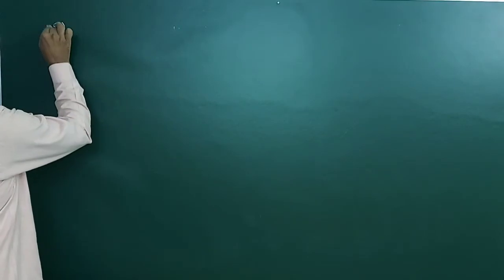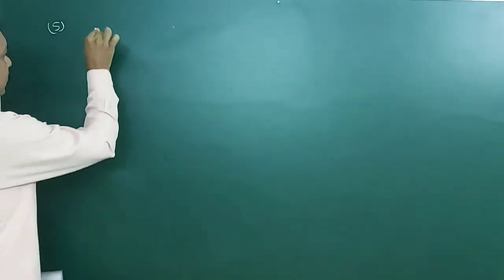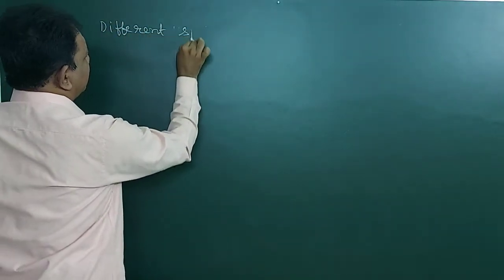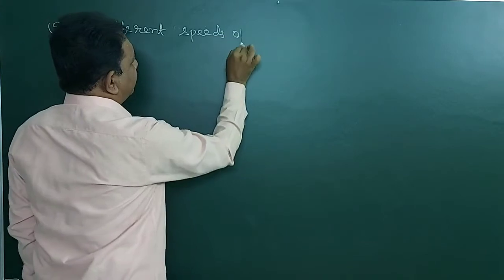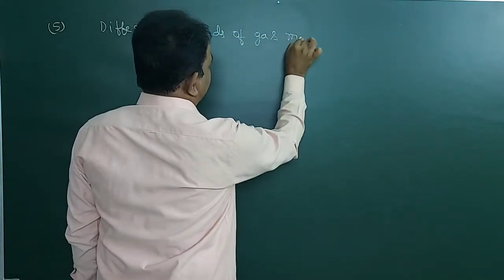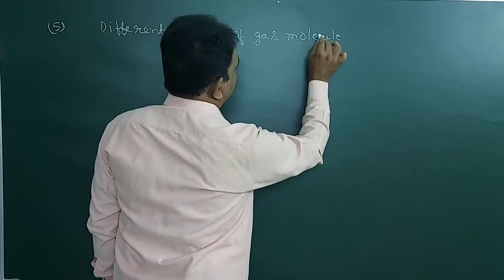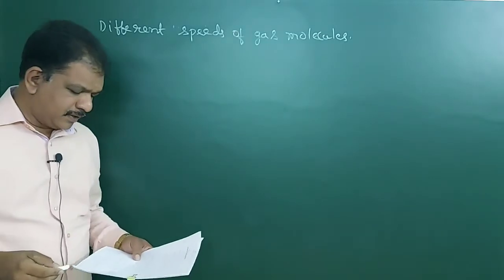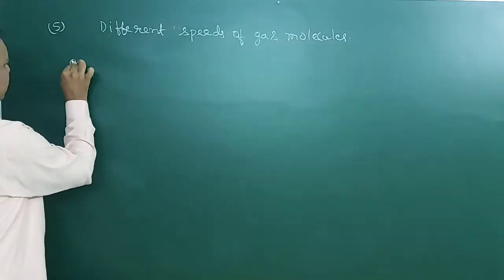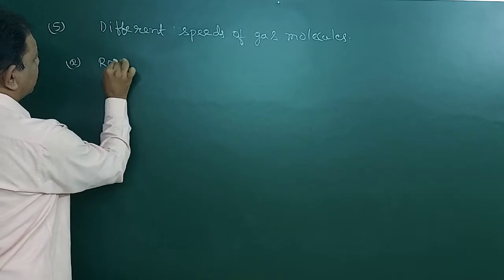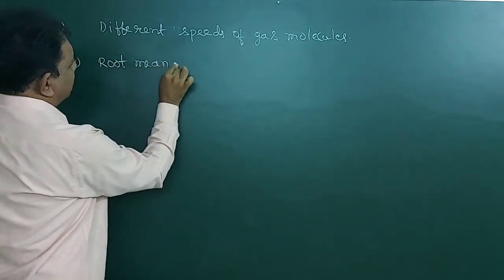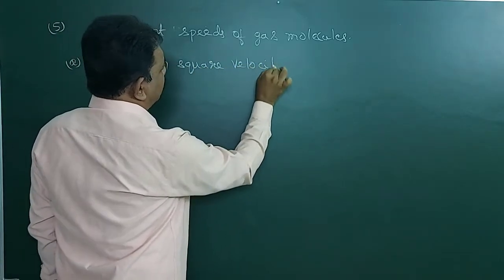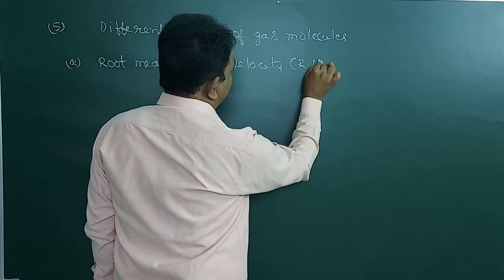Next, fifth one, different speeds of gas molecules. First one will be root mean square velocity.